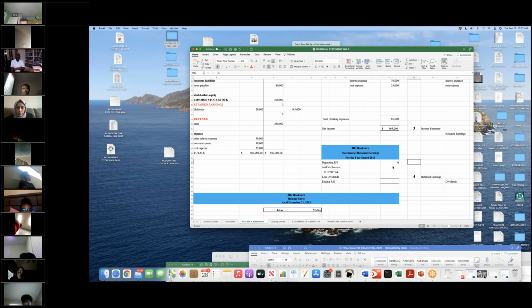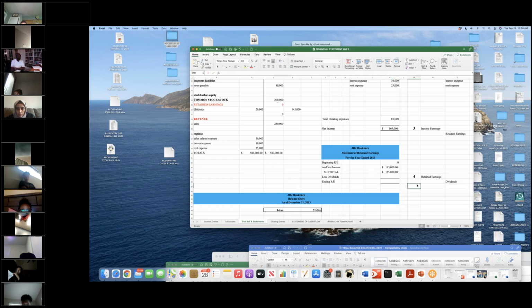And then what's gonna go right here? 165,000. Where does that 165 come from? The net income. So we bring down the net income. So our total is 165 right now.